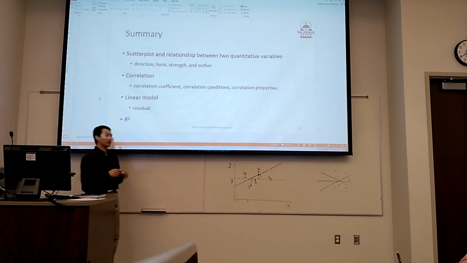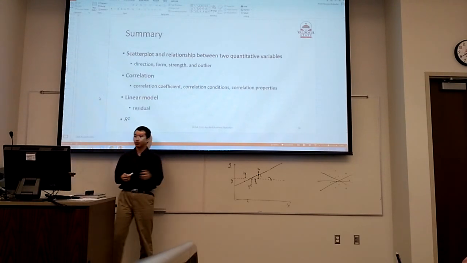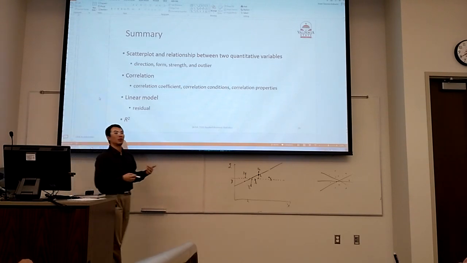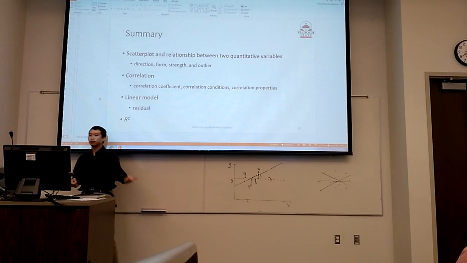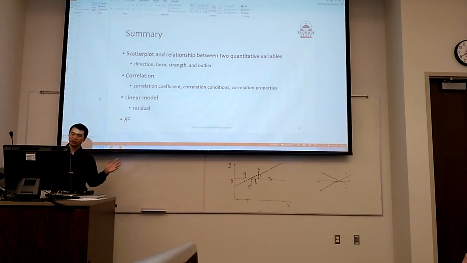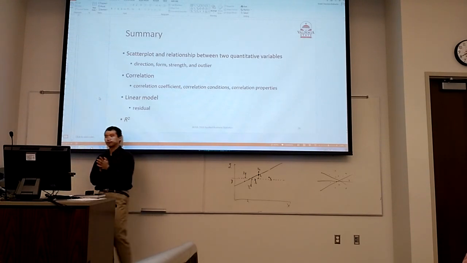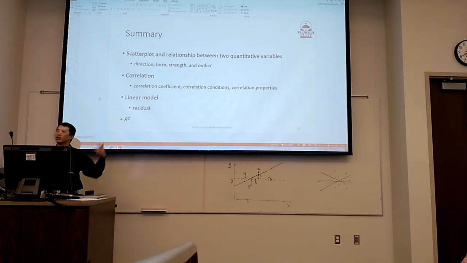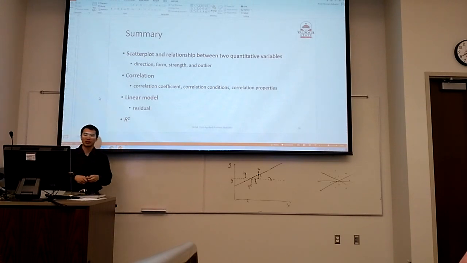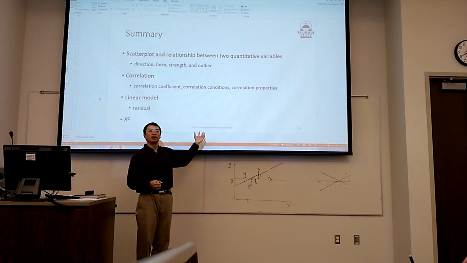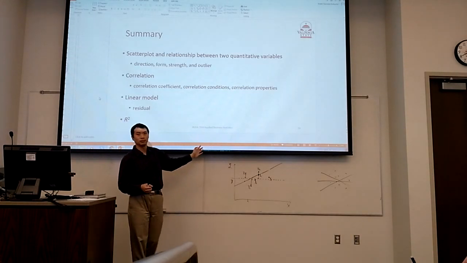So we are done with this chapter. Some key points: how to describe a scatter plot? Direction, form, strength, and whether there's any outlier or not. Correlation: how to find the correlation coefficient, the conditions and the list of properties, and how to do the linear regression in StatCrunch and also Excel.